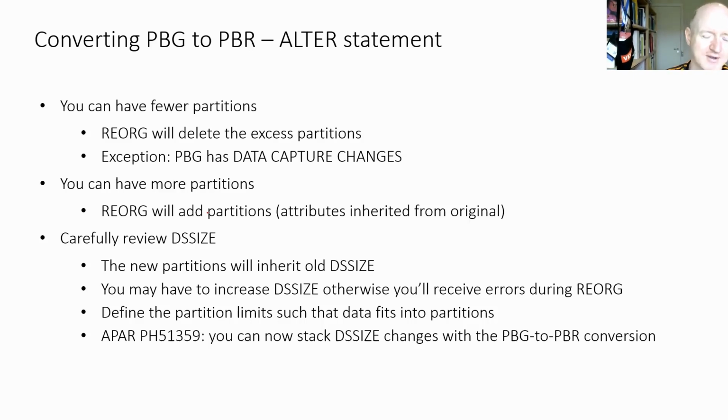So either you have to carefully create the partition limits so they fit into the existing size, or you have to increase the size if not. With the Db2 APAR I mentioned before, you can actually stack the DSSIZE changes along with the PBG to PBR conversion. So you can do that in the same commit scope and same ALTER, and have everything materialized in a single REORG.